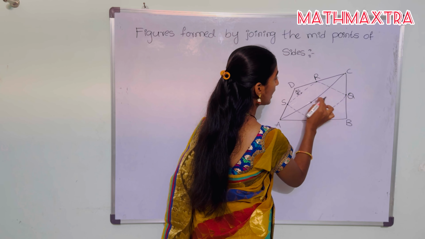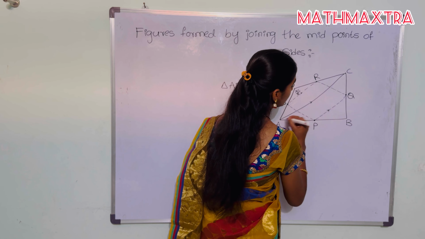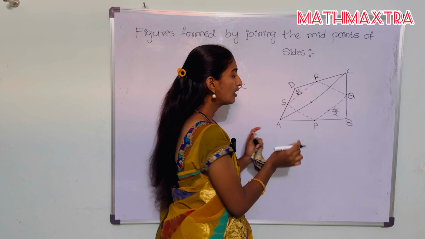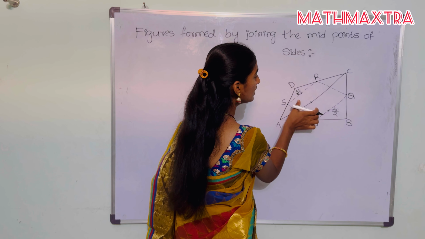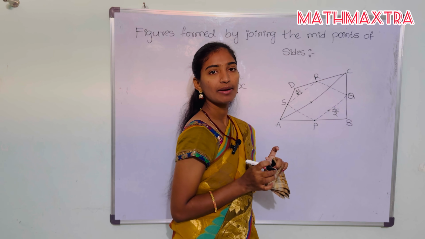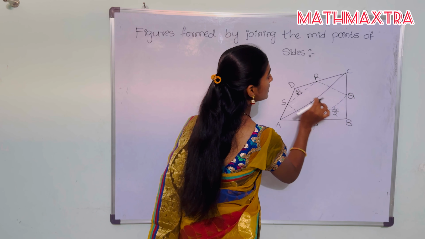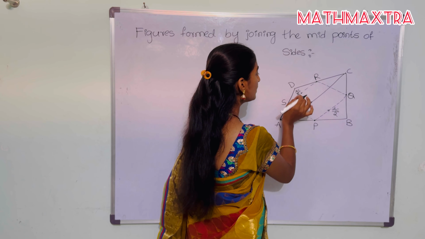So this is parallel to AC and is exactly half of it, which is AC by 2. Now, as this is parallel to this and this is parallel to this, these two are automatically parallel. A pair of opposite sides are parallel, isn't it? Similarly, if you consider the line segment BD, the same thing happens.